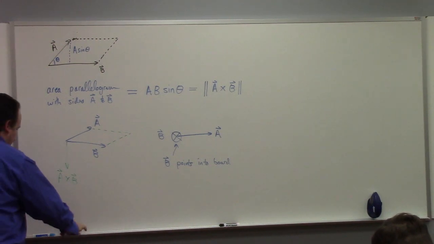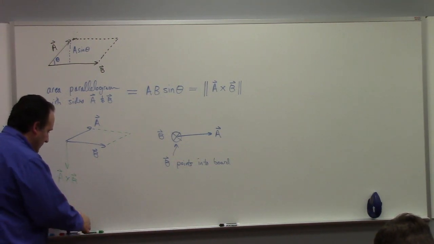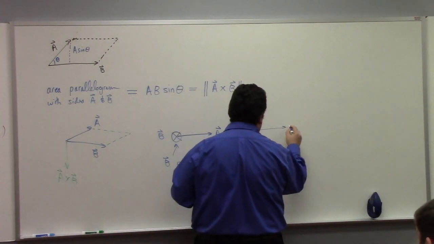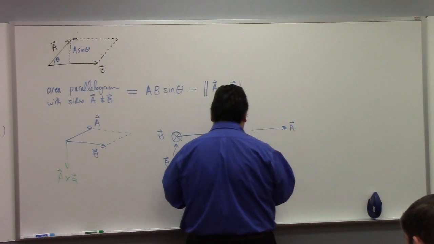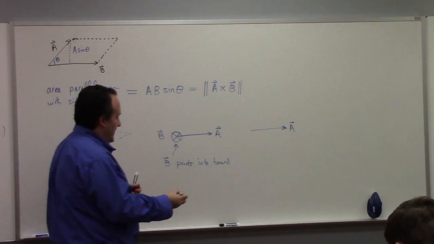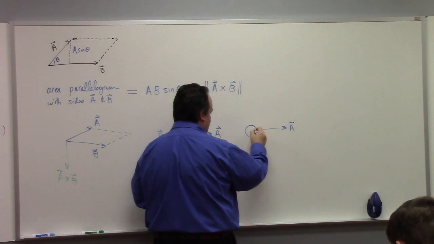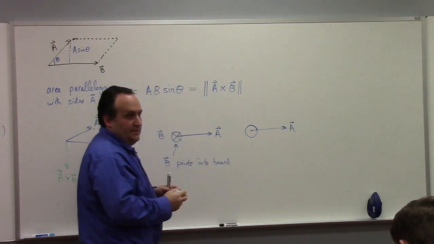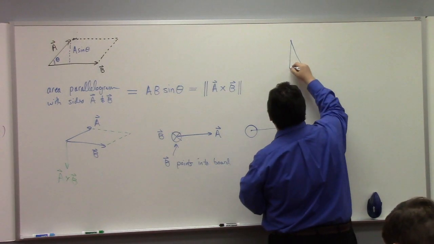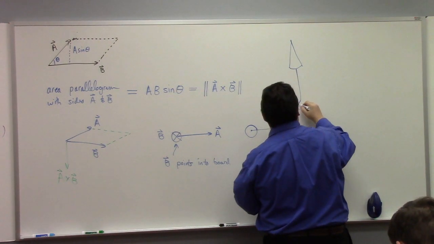The other picture I could draw for the previous example would be, I've got A like here, all right? And if I want to draw a picture for B coming out of the board, the standard picture for that is this, a circle with a dot. The idea is to think about an arrow, and then it's got fins.